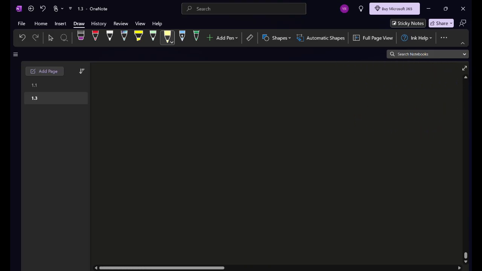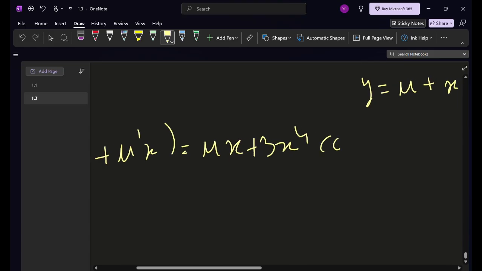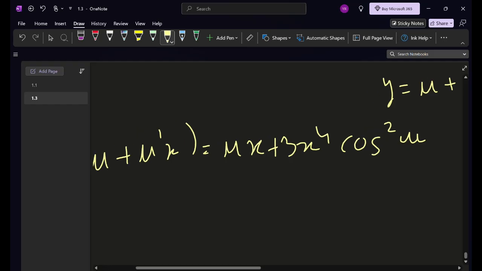Now replacing the values, we write x (u plus u dash x) is equal to ux plus 3x to the power 4 cos square u.